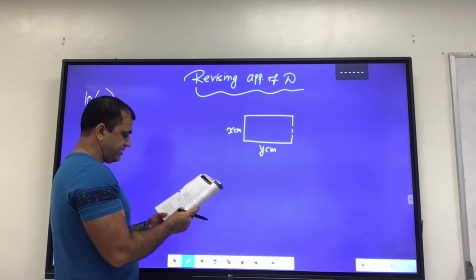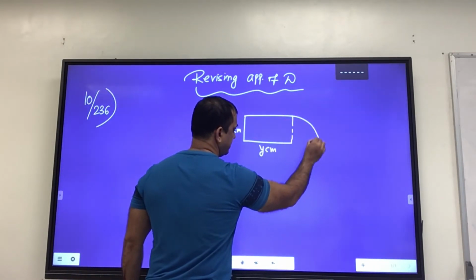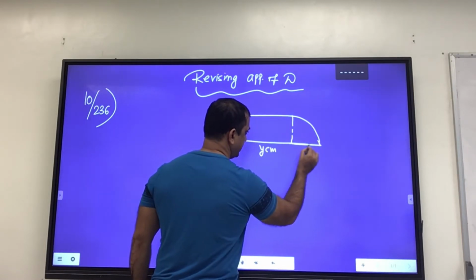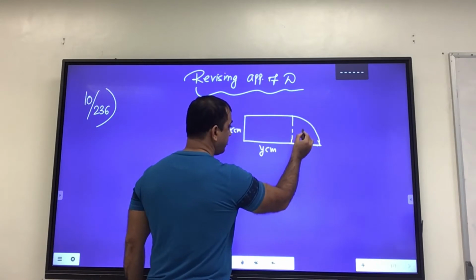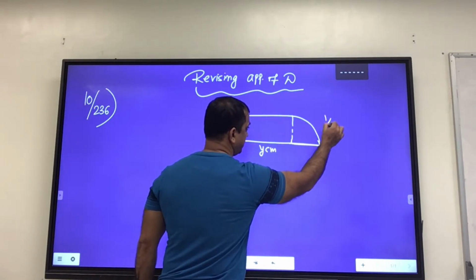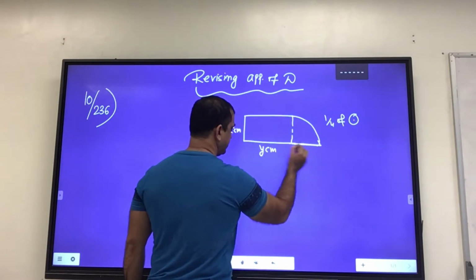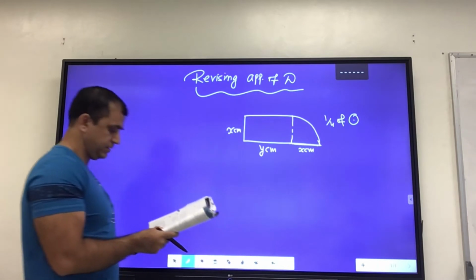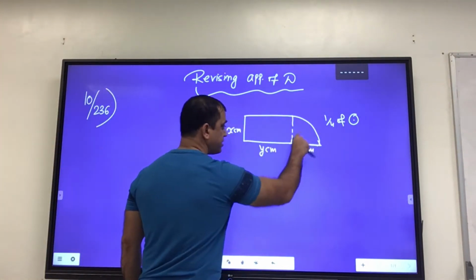On that side, we are given a quarter of a circle like this, and this part is basically the radius of the circle, within a quarter of a circle, and this length is basically x centimeter, which is the radius of this quarter circle also.